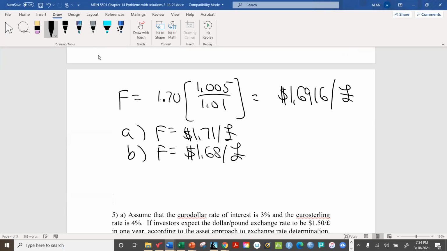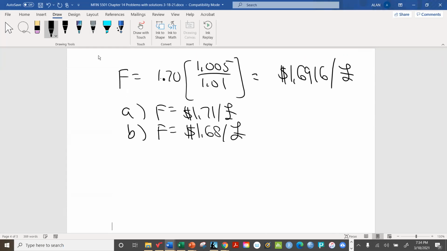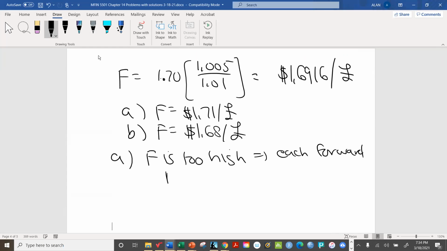Okay, so now here's what we have to think about. In the first case, F is too high, in the sense that each forward pound costs too many dollars. Okay, now what does that mean?